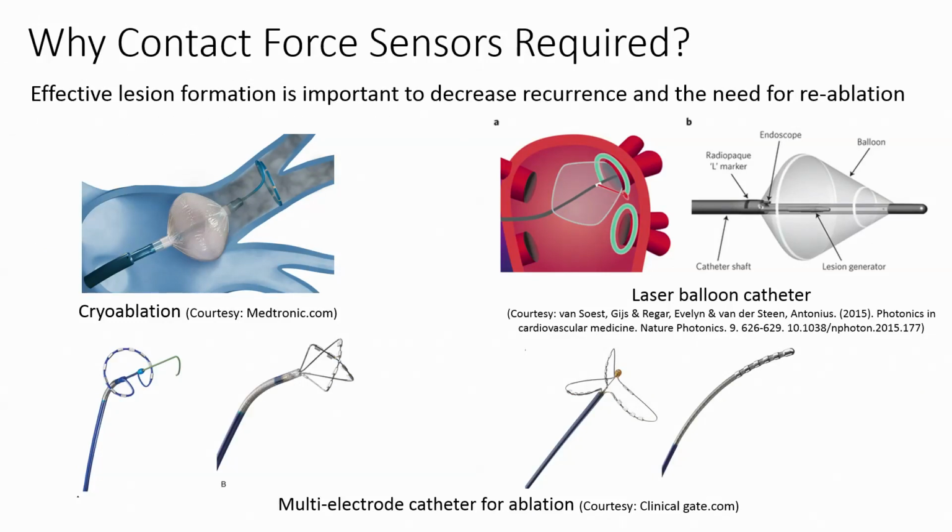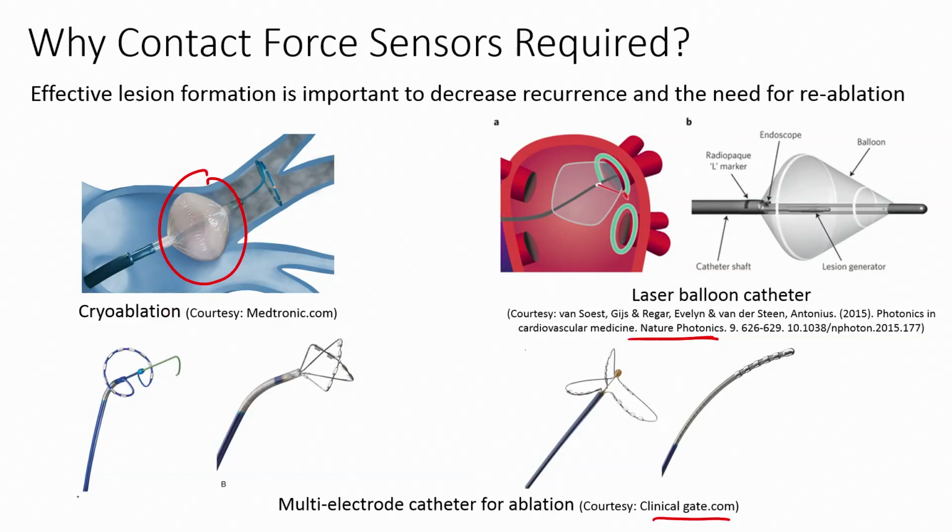Now, you can see here cryoablation, this is a balloon catheter, a laser balloon catheter. Different types of catheters are shown here, taken from clinicalgate.com and also a paper published in Nature Photonics. You can see there are multi-electrode catheters for ablation, laser balloon catheters for ablation, and catheters for cryoablation.